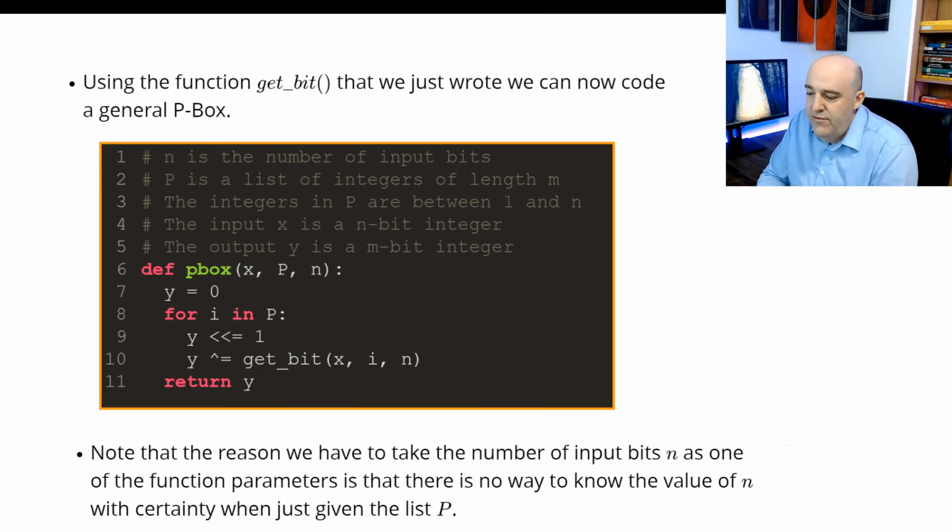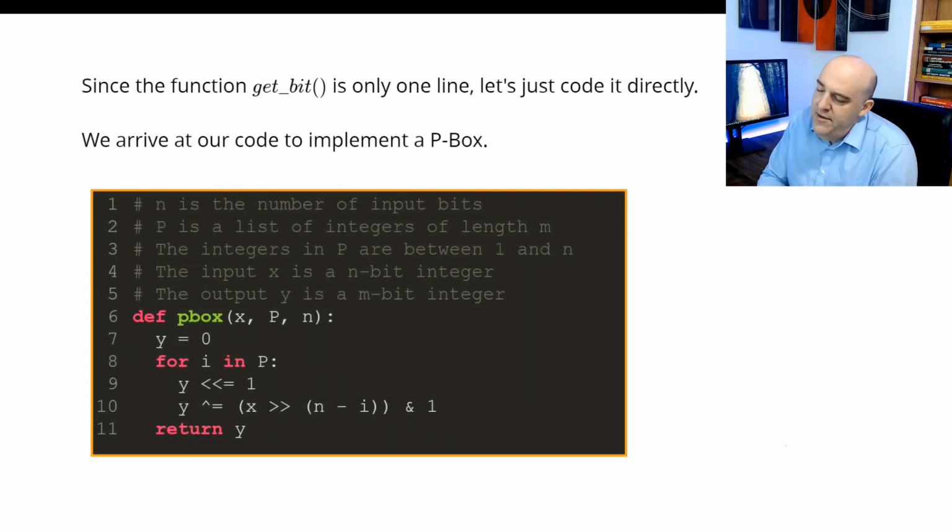And this is the meaning of the P box. Now the thing is, get bit was just one line of code, so let's just write that directly in. And here we go. This is the code that we're looking for to implement a P box. So any of those P boxes that we saw in DES can be implemented with this code here.